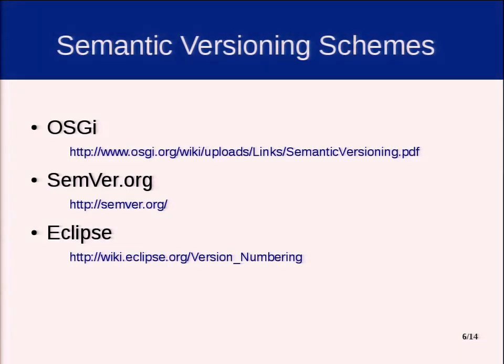Now there are multiple semantic versioning schemes. There's the OSGi one, the white paper Peter wrote. There's semver.org by Tom Preston-Werner of GitHub fame. And there's the Eclipse versioning scheme.